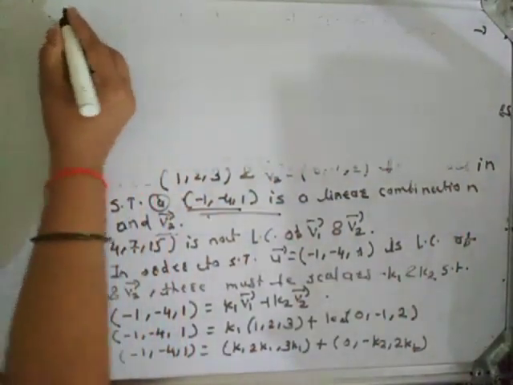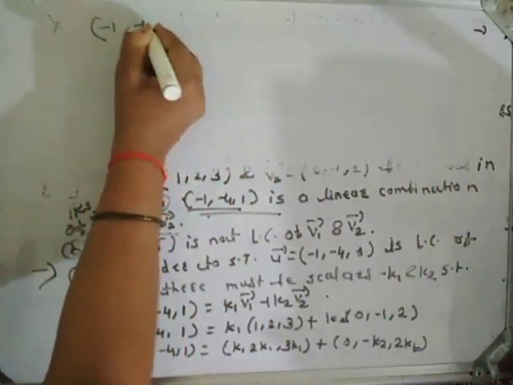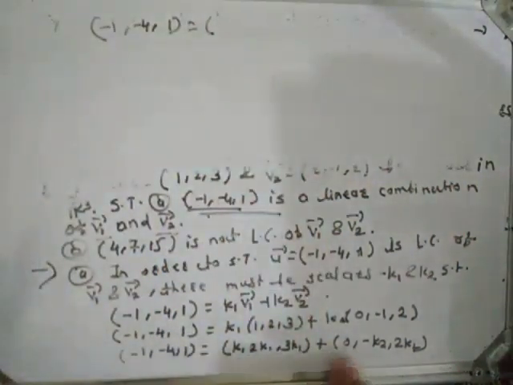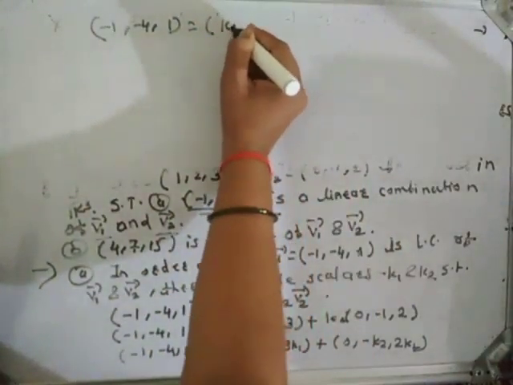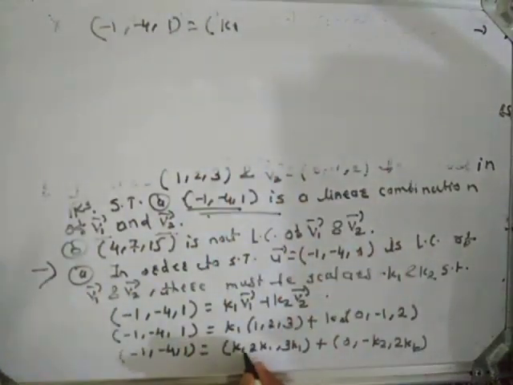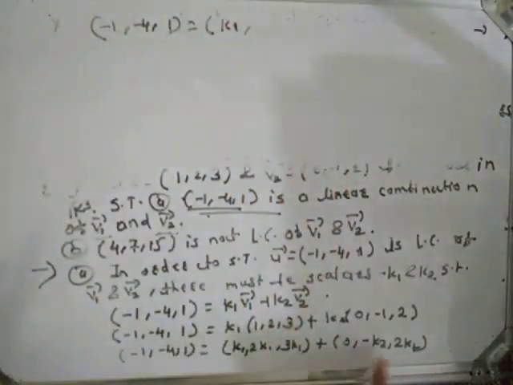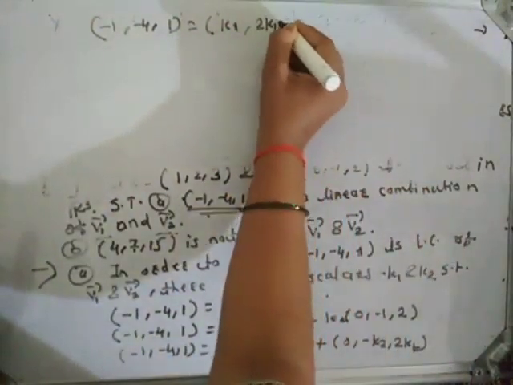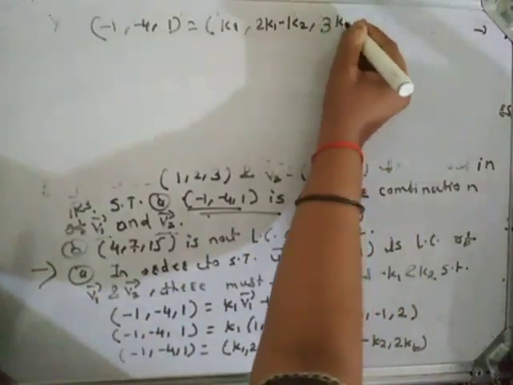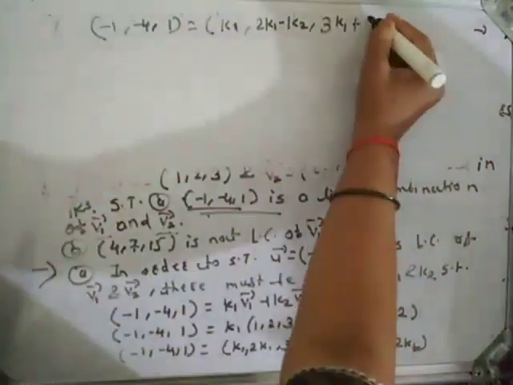We will get the vector -1, -4, 1 is equal to, taking component-wise addition, first component K1 plus 0, second component 2K1 minus K2, third component 3K1 plus 2K2.